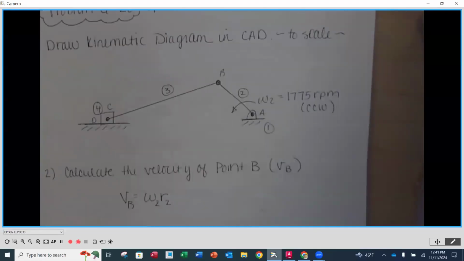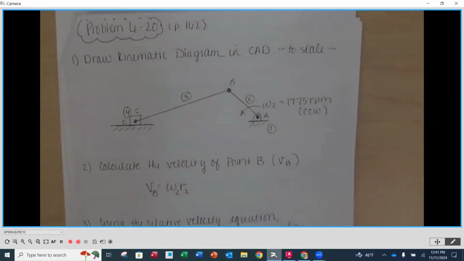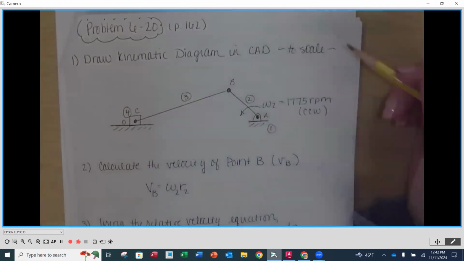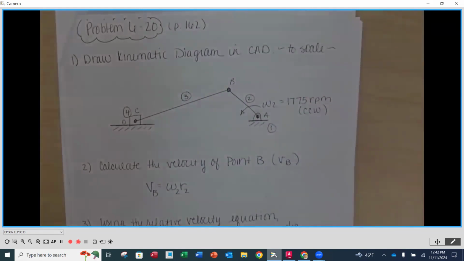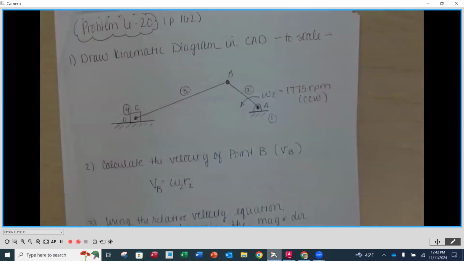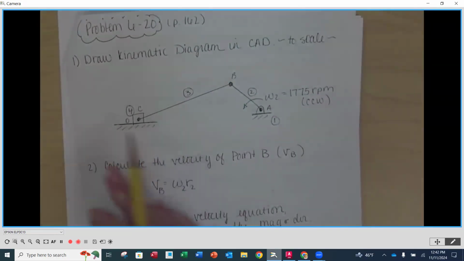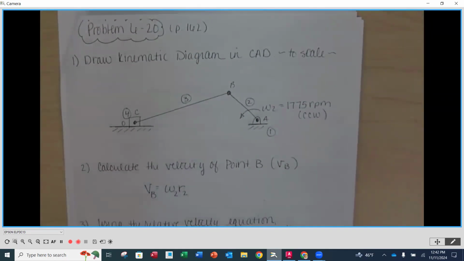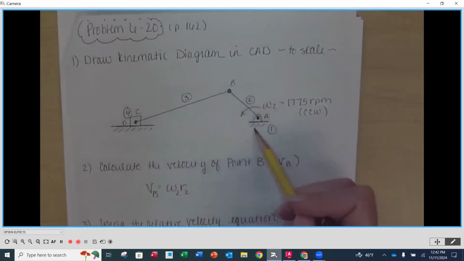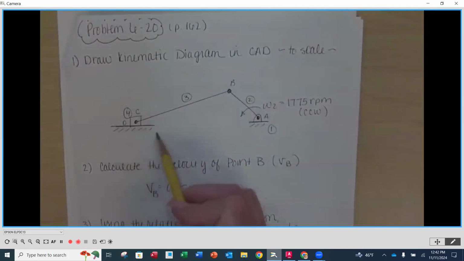So we just drew our kinematic diagram, and I just have it kind of sketched here so that we can sketch on here as well. As we look at this problem, we know the most information over on the right-hand side here, right? And we want to determine what is the velocity of point C, or what is the velocity of our piston, which happens to be point C. So over here is our input, and over here is going to be our output.